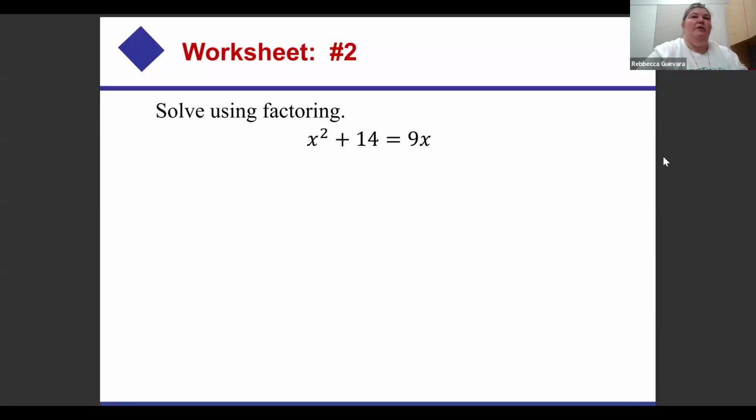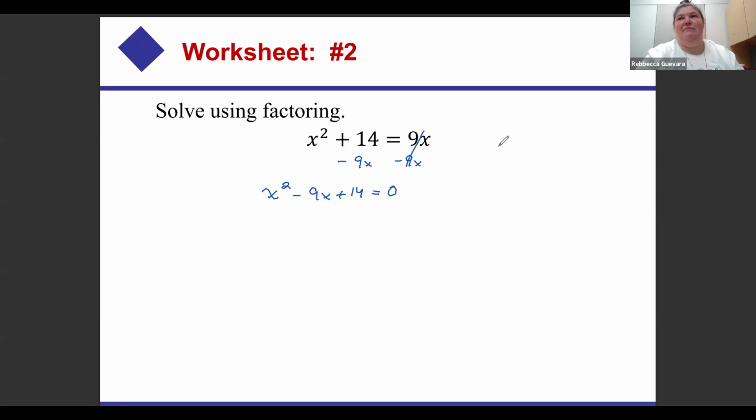Okay, so solving using factoring again. This is a case where we do have to solve it so it is set equal to 0. So what we need to do is just subtract 9x, so we can get rid of it here, and then we're going to have x squared minus 9x plus 14, and that will be equal to 0.